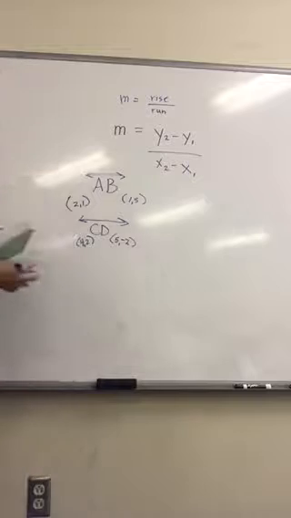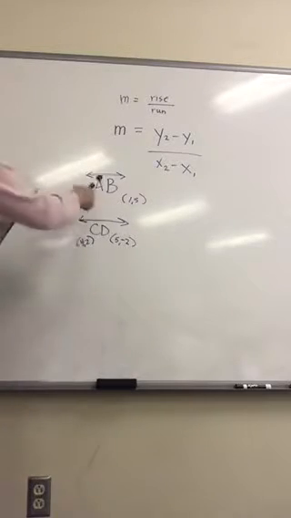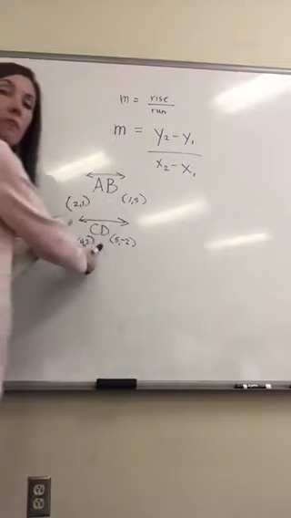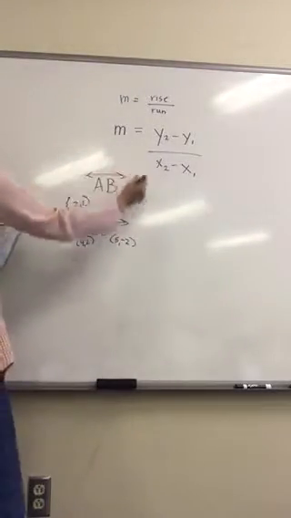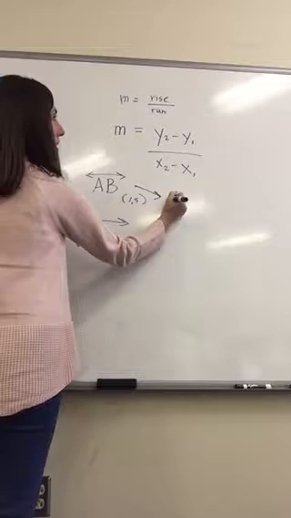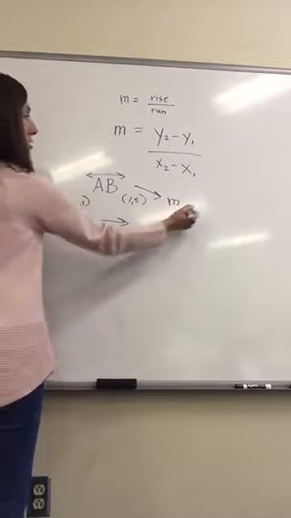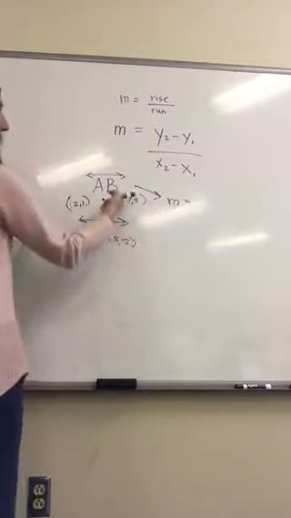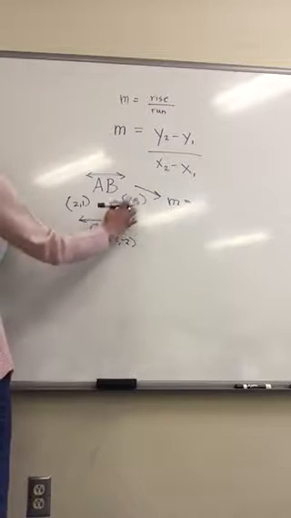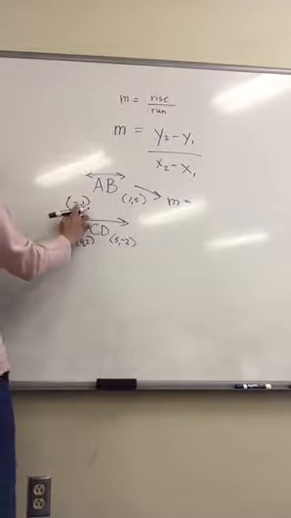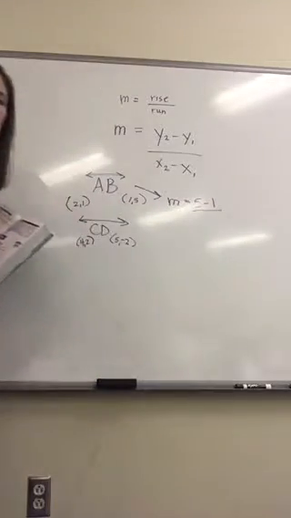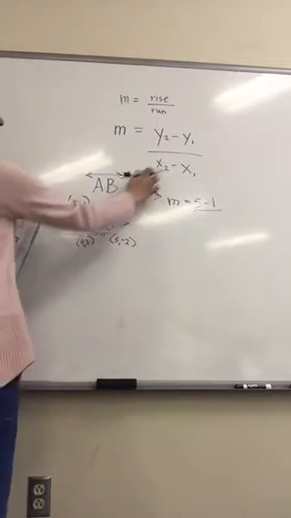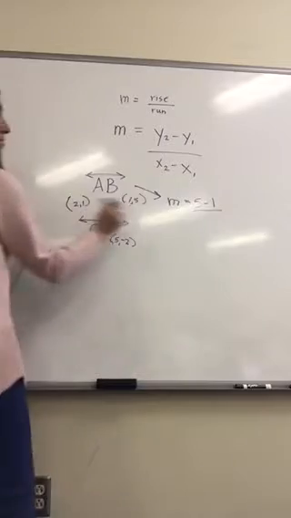Okay, let's look at this. We need to find the slope for this line, and then we need to find the slope for that line. That's the only way that we can compare the slopes. So let's use our slope formula for this line. M equals y2 minus y1 over x2 minus x1. I'm going to let B be the second one. So I'm going to say y2, which is 5, minus y1, which is 1. 5 minus 1 over x2 minus x1, 1 minus 2.